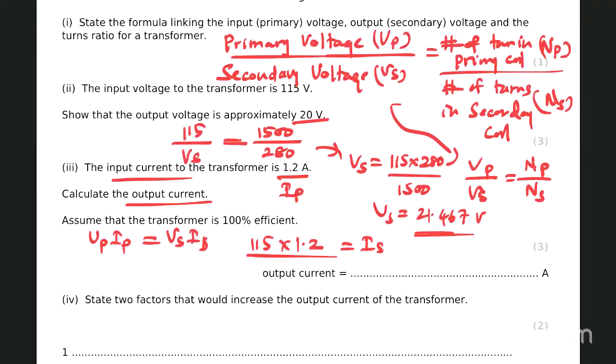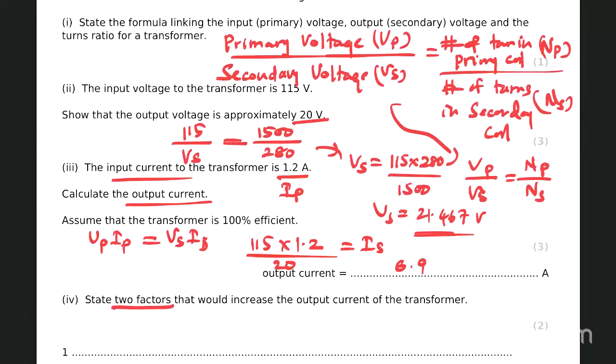You need to divide it by the output voltage. So here the output value is approximately 20. You can use the answer 20 or you can use your answer 21.46. So in this case, I'm going to use 20. So here it will be 115 into 1.2 divided by 20. Output current will be 6.9 amperes.